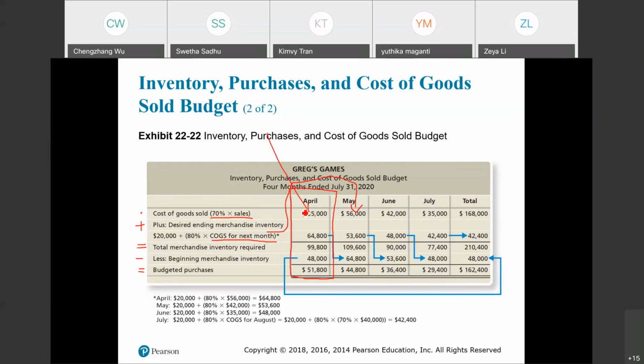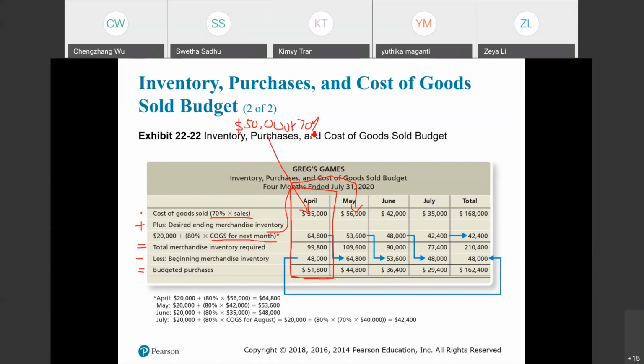This number is 70% times budgeted sales. That is 50,000 times 70%.